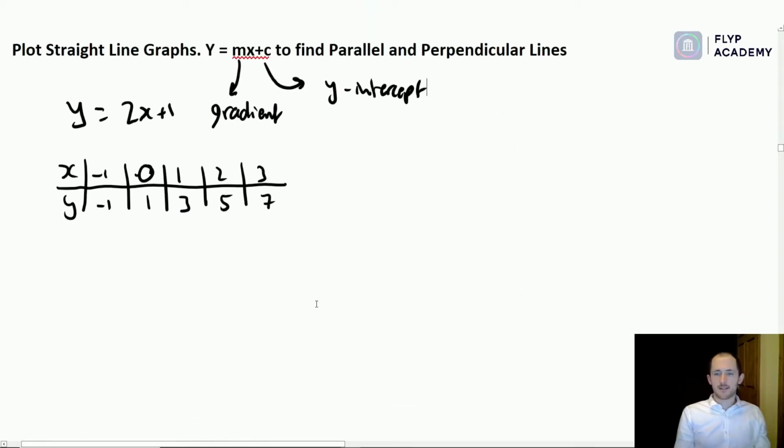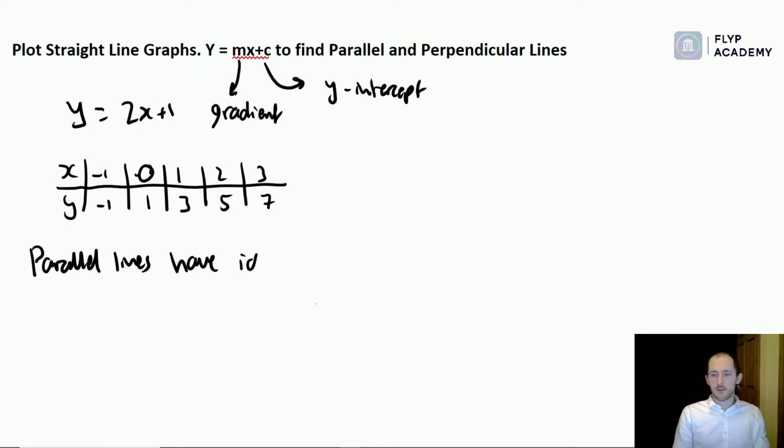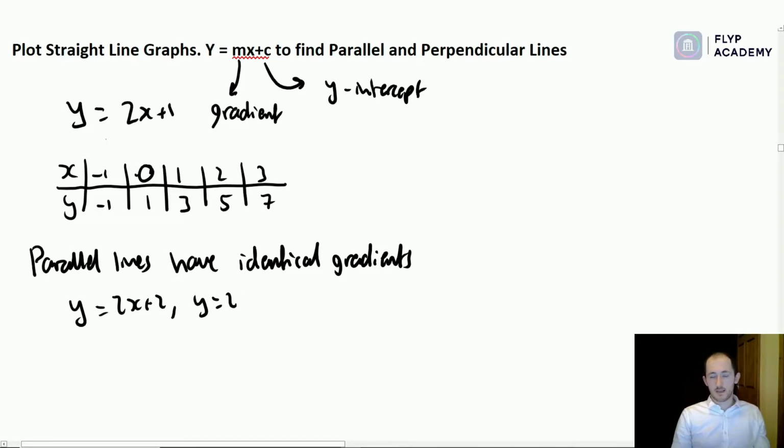And with gradients, parallel lines have identical gradients. So what this means is that if you have y equals 2x plus 1, another parallel line would be y equals 2x plus 2, or y equals 2x, because the number in front of x is the same.